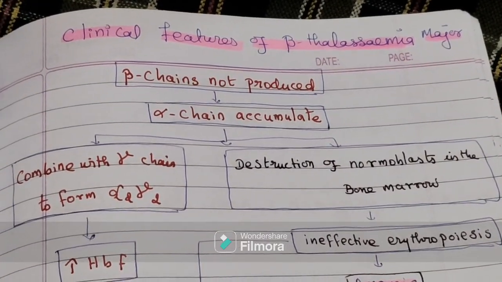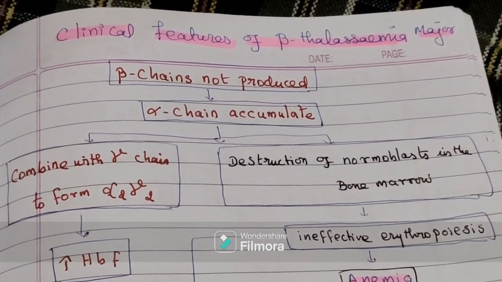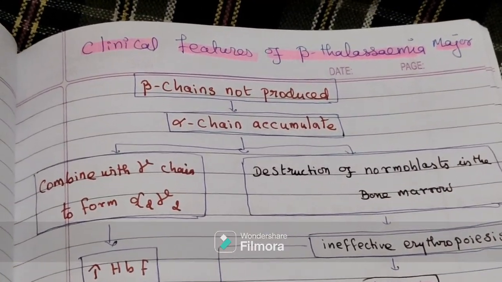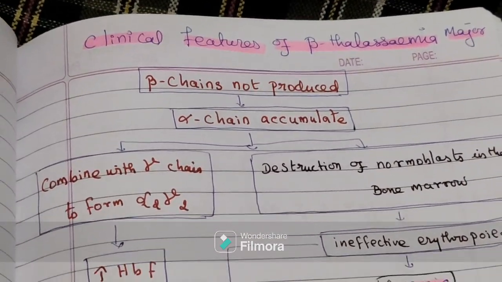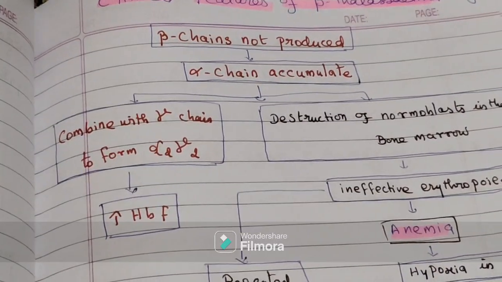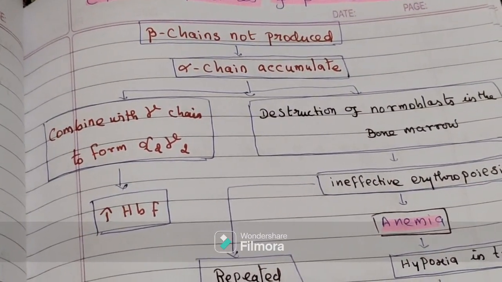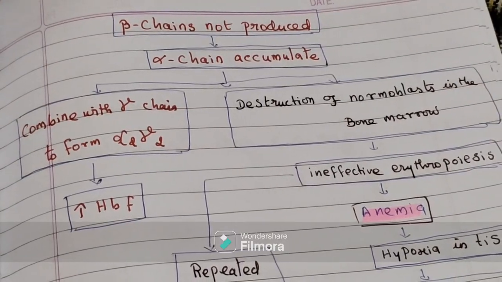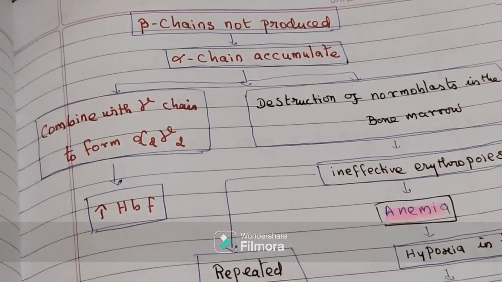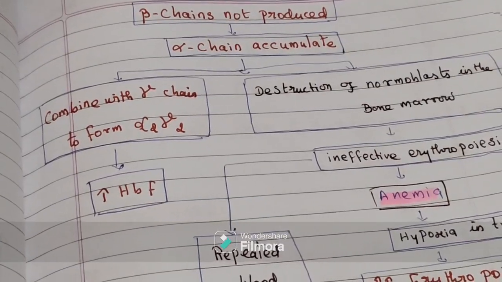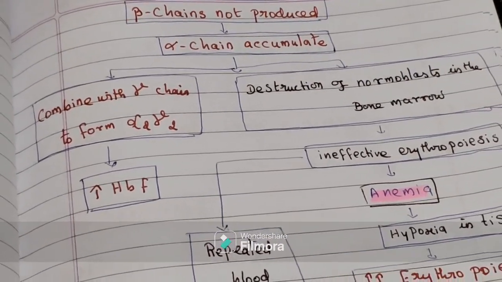Alpha will form a complex with gamma, alpha 2 gamma 2. Normally alpha binds with beta to form HbA, but since beta is absent, alpha will bind with gamma to form HbF.